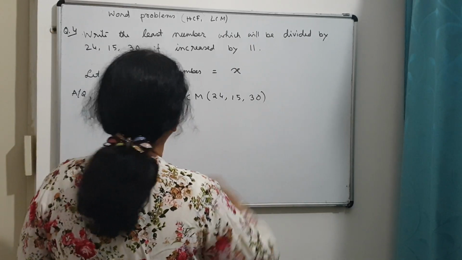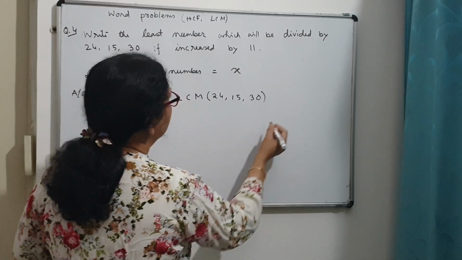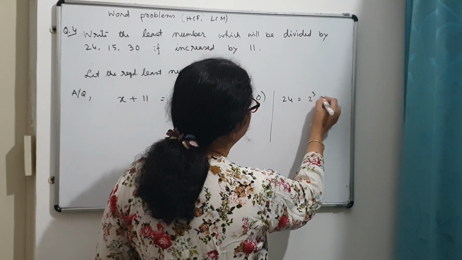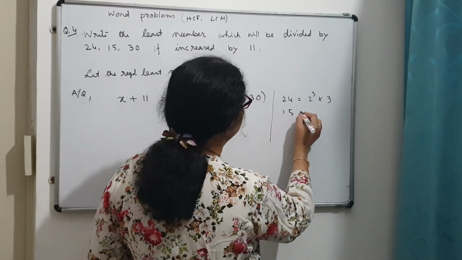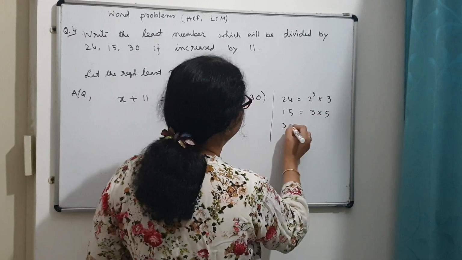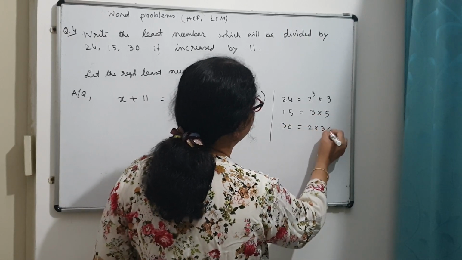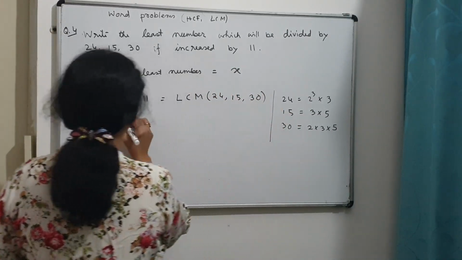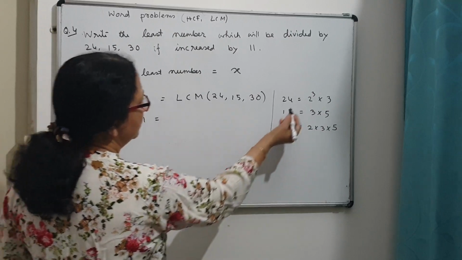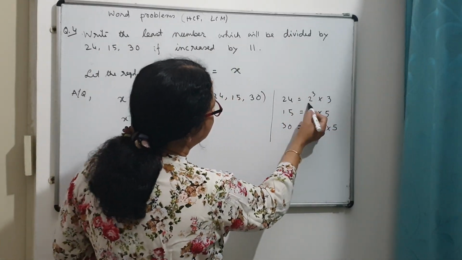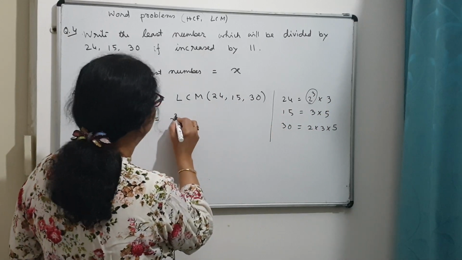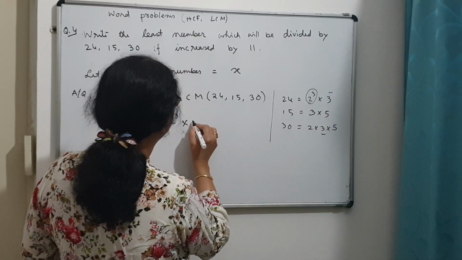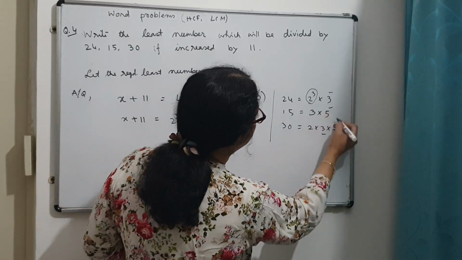So we'll find it out separately. 24 prime factorization is 2 cube into 3, since 8 times 3 is 24, then 15 is 3 into 5, and then 30 is 2 into 3 into 5. So what will be the LCM of this? x plus 11 will be the LCM. The highest factors are 2 cube, then 3, then 5.